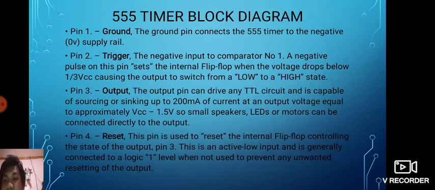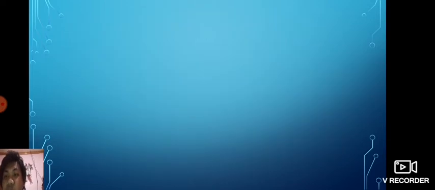Pin 4, reset. This pin is used to reset the internal flip-flop controlling the state of the output. This is an active low input and is generally connected to a logic 1 level when not used to prevent any unwanted resetting of the output.